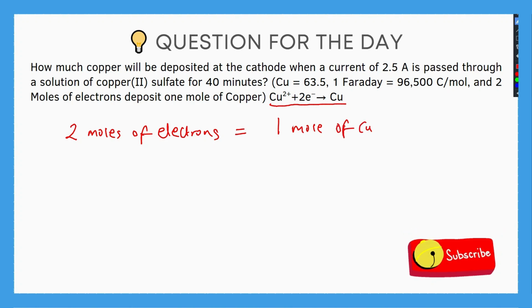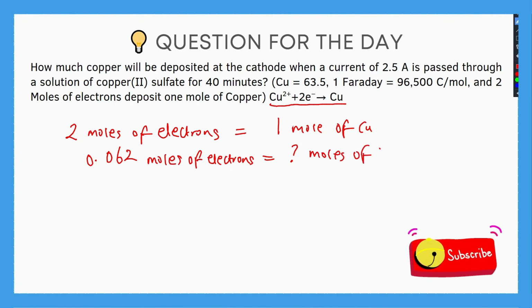We've calculated the number of moles of electrons used in this chemical reaction to be 0.062. So 0.062 moles of electrons will now deposit an unknown number of moles of copper.